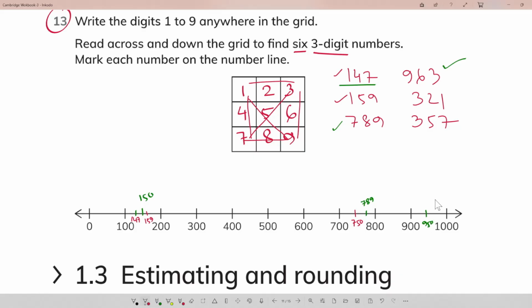So we can say a little bit right side. Suppose here is 963. Then 321, between 300 and 400. Let's say here is 350. So here let's say this is 321, and finally 357. So here is 350. So here suppose 357. This is very simple.